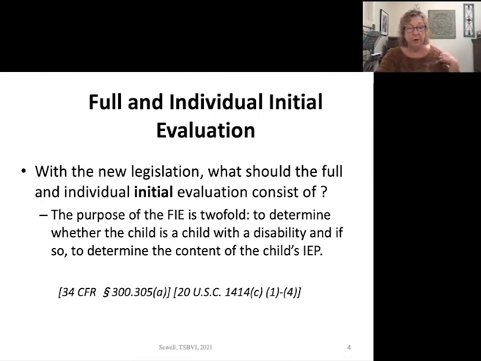And you can see there's a reference to the Code of Federal Regulations, and you can also Google that particular code, and it'll give you some further information about the FIE. So in the case of initial evaluation, the team must determine first whether the child meets eligibility as a child with a visual impairment, and then whether by reason of that visual impairment, the child will need special education and related services.